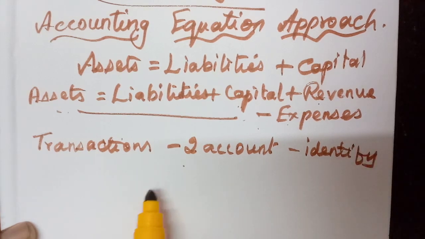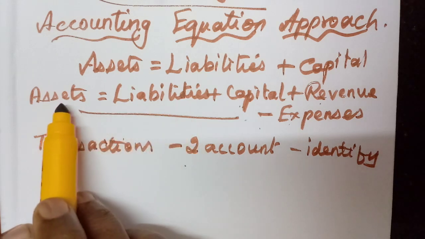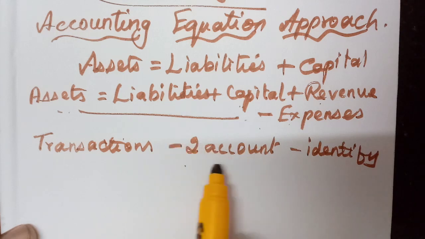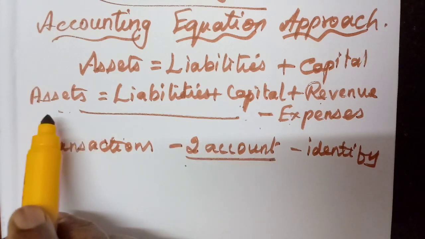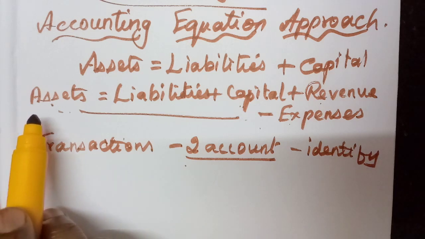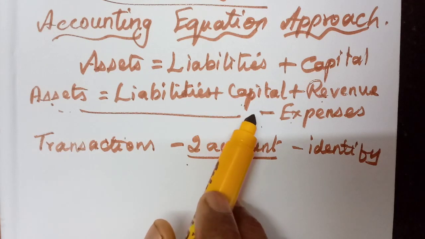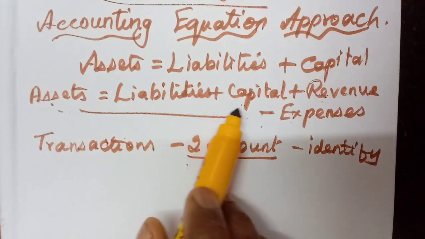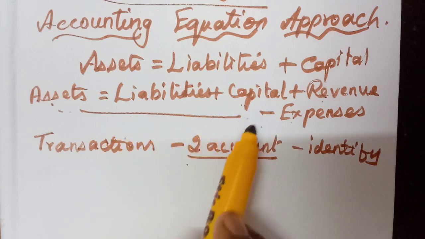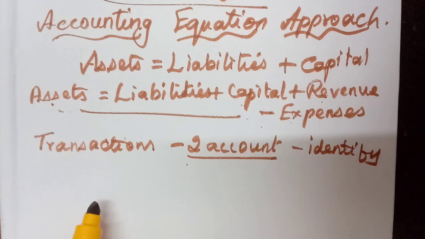Either it will increase one asset and decrease the other asset, or it will increase one asset and increase one liability. Liability means either capital or revenue or expense. So in this, we have to identify the accounts, then we need to write the equation.